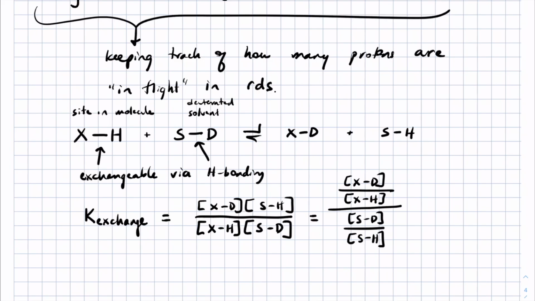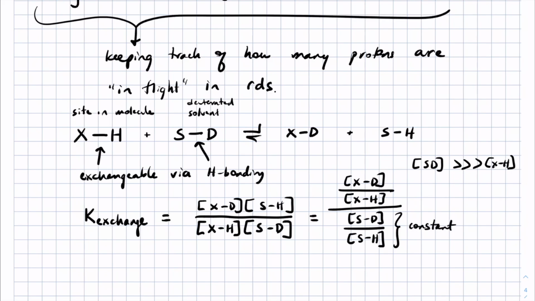This equilibrium constant for exchange basically tells you how much deuterium prefers to be attached to whatever the group is in our molecule versus how much it prefers to be attached to solvent. And I will point out that in our experiment, the solvent concentration is way, way higher than the concentration of our molecule, such that you can expect this number here to be roughly constant.